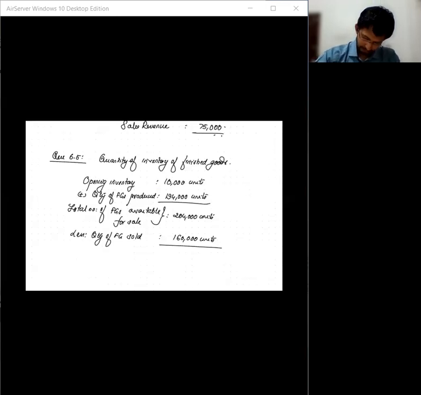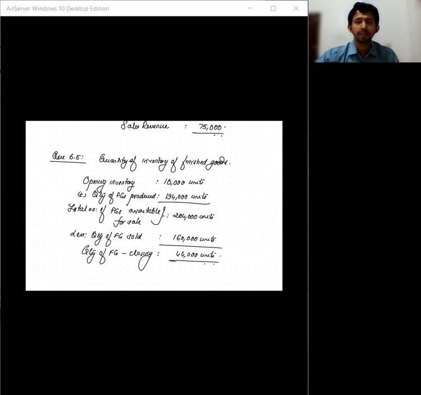The closing quantity of finished goods is 44,000 units. 44,000 units. Is that clear to everyone? Okay, so we got the quantity of finished goods closing. Now what you have to do is find out the value at which it has to be valued. Okay, right.